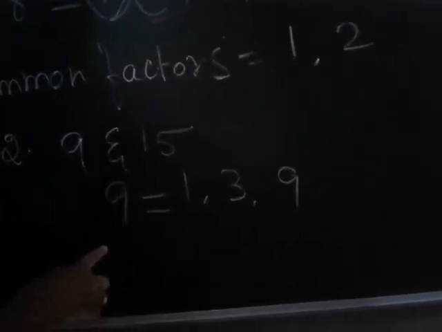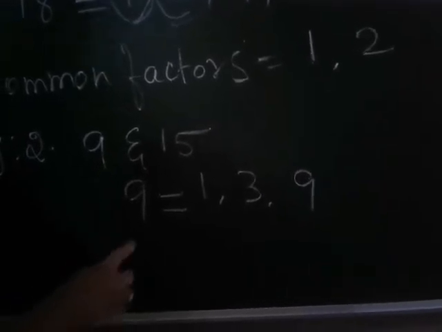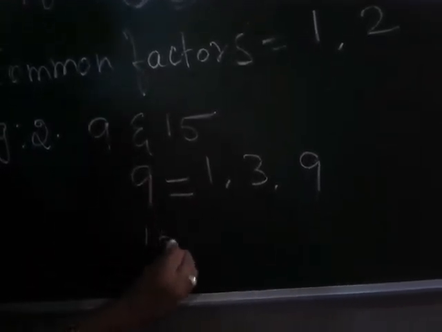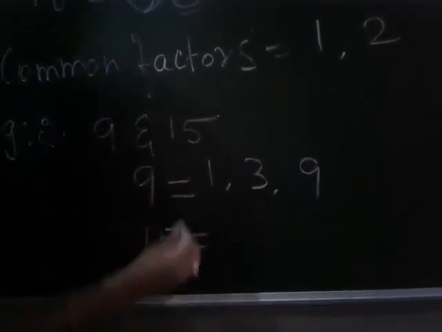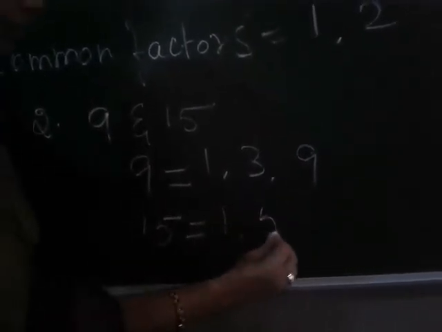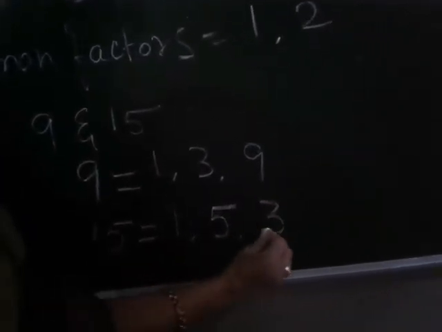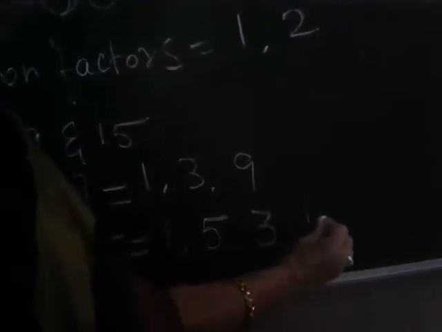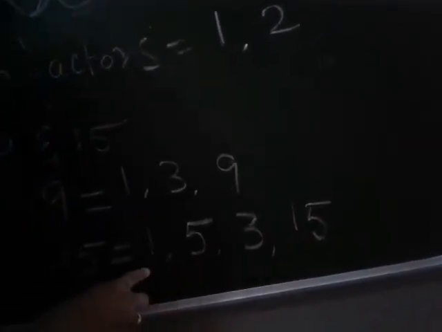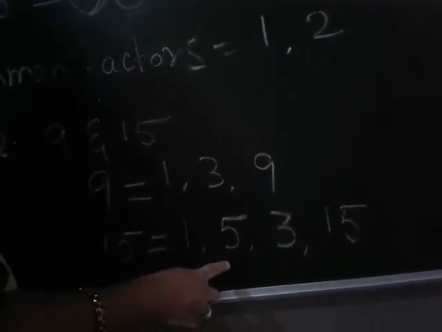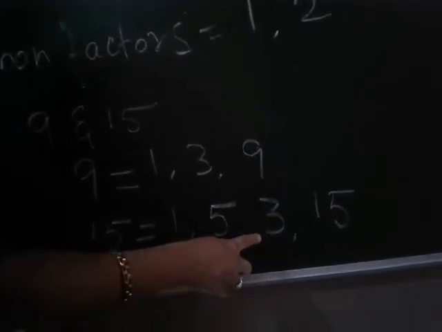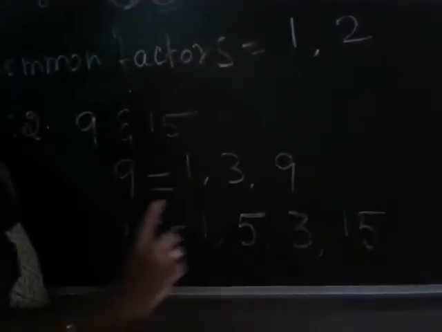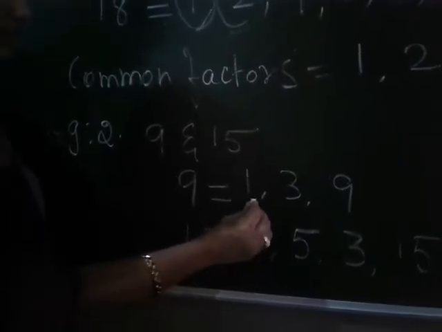Like that, 15. What are the factors of 15? It will go in the 1 table, the 3 table, the 5 table and the 15 table: 1 fifteen is 15, 5 threes are 15, 3 fives are 15, 15 ones are 15. So what are the common factors?